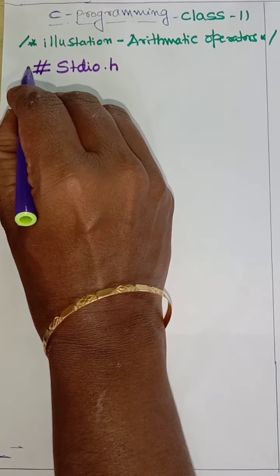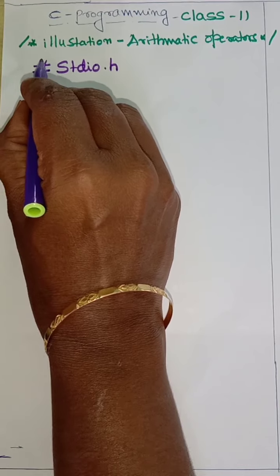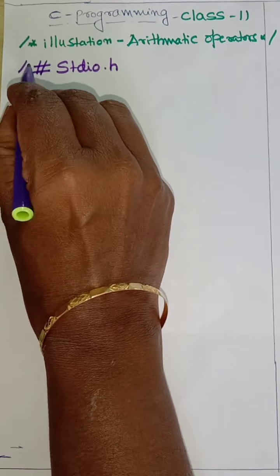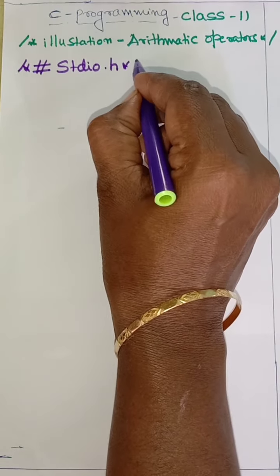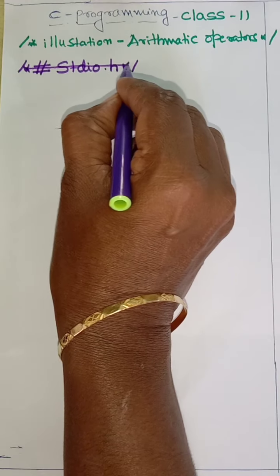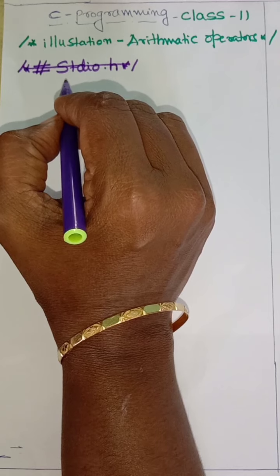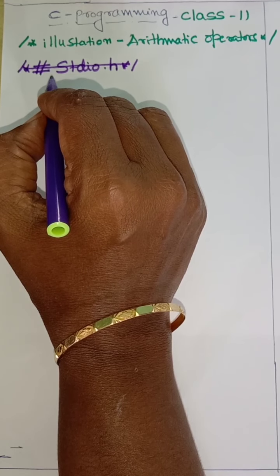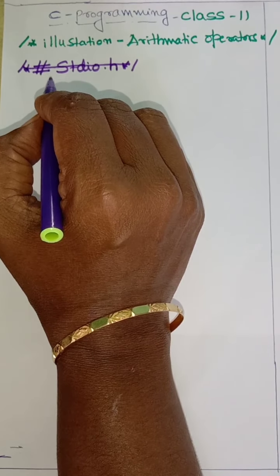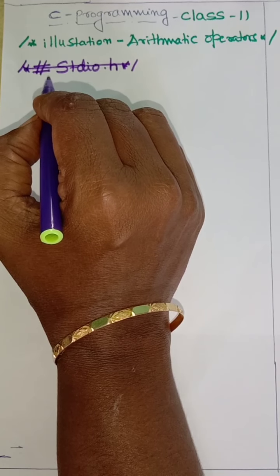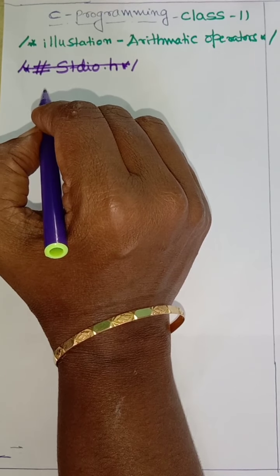Another thing is important here. If it is not necessary, it is not necessary to write. That means if you are not using the printf and the scanf statement, then it is not necessary. And another thing is, by default, some systems accept printf and scanf also.